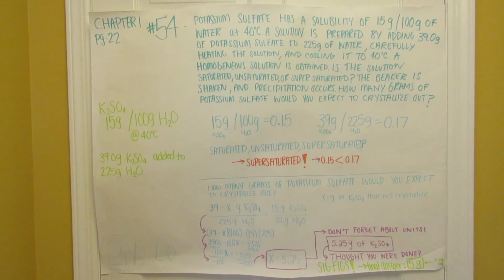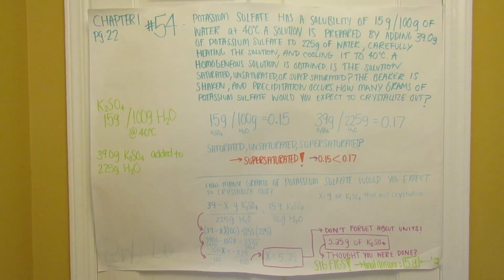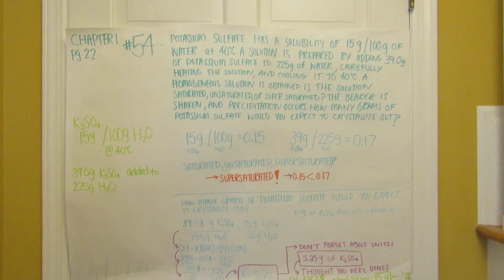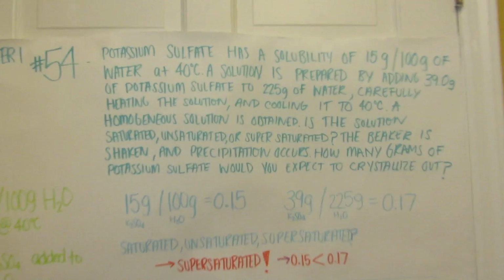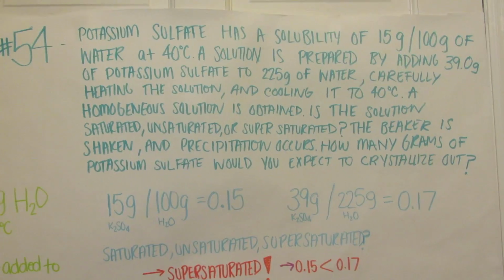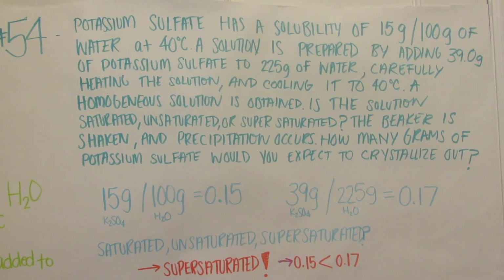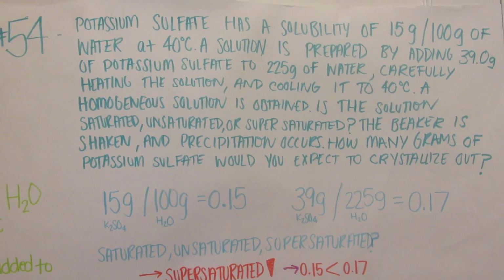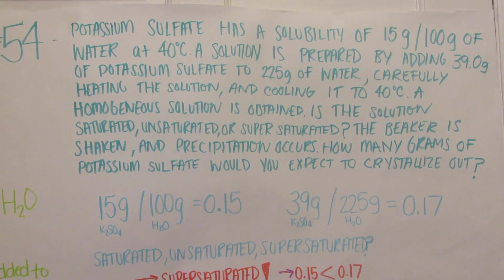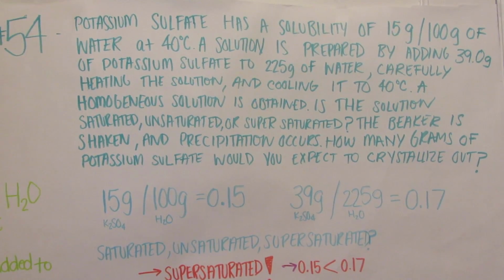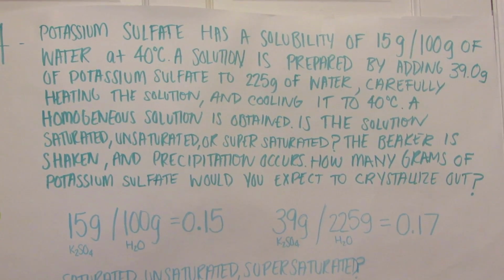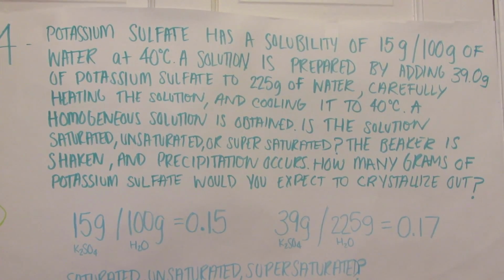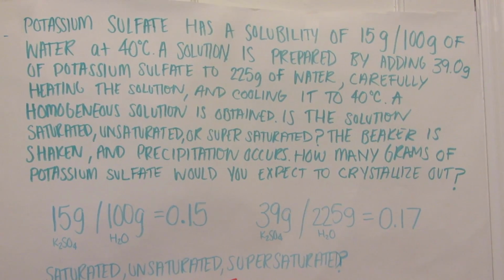This problem is from Chapter 1, page 22, number 54. Potassium sulfate has a solubility of 15 grams per 100 grams of water at 40 degrees Celsius. A solution is prepared by adding 39.0 grams of potassium sulfate to 225 grams of water, carefully heating the solution and cooling it to 40 degrees Celsius.